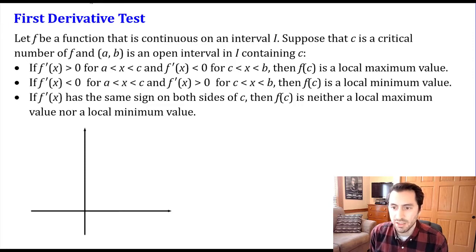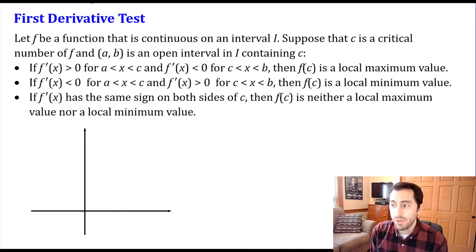There's a lot going on here, a lot of inequalities, so let's break this down and see what this is saying. If the derivative of our function is greater than 0, so if it's positive, for this range of values between a and c, and then on the other side of c, the second half of our interval from c to b, the derivative is less than 0, so the derivative is negative, then it's a local maximum.